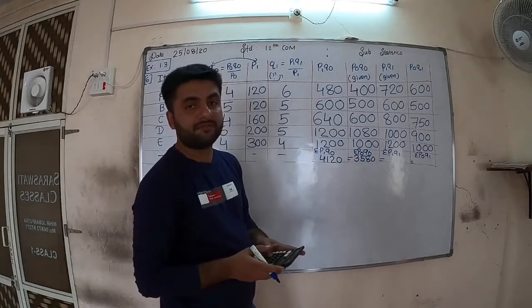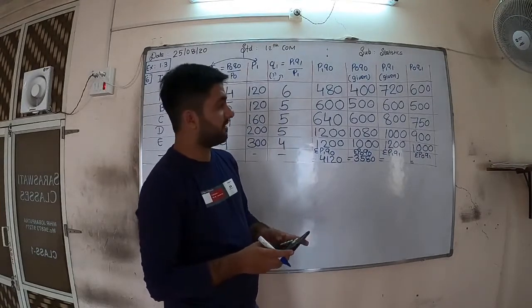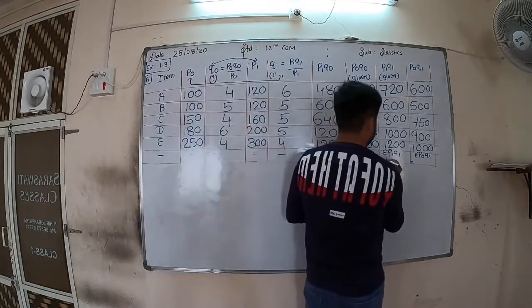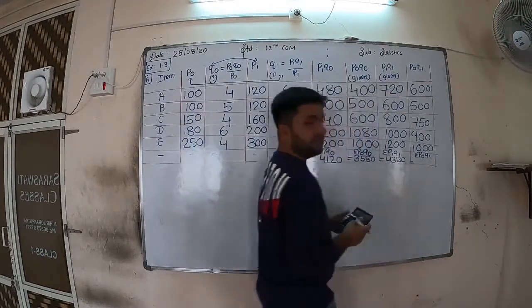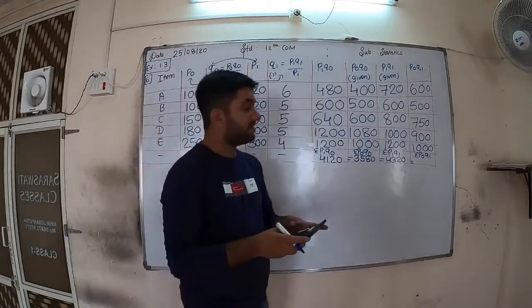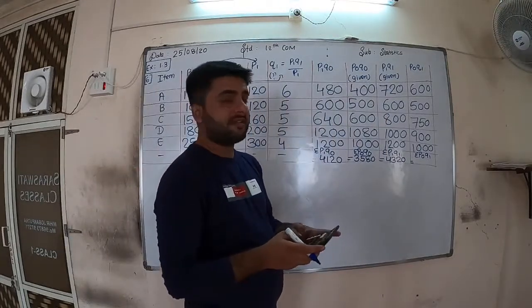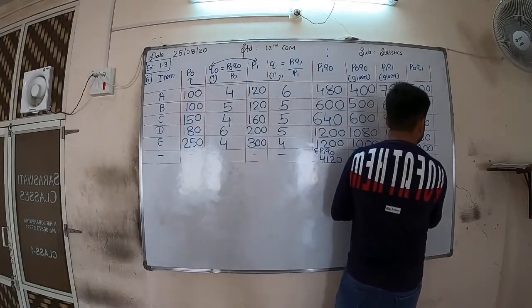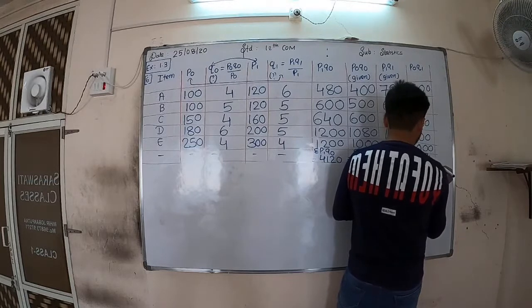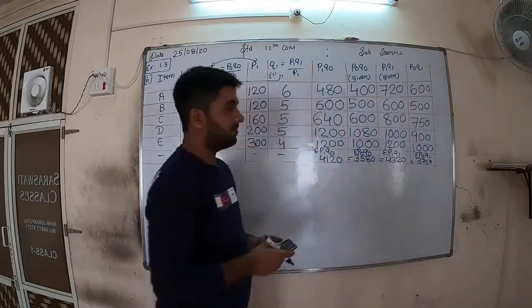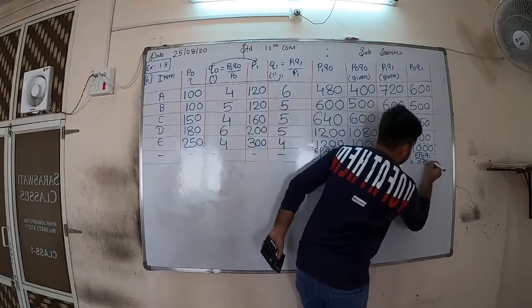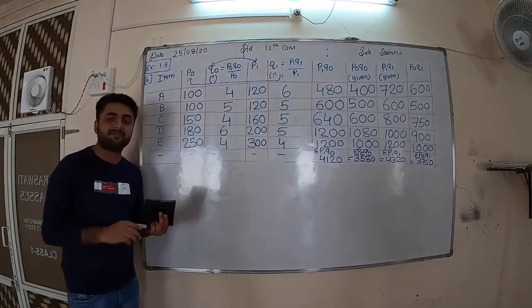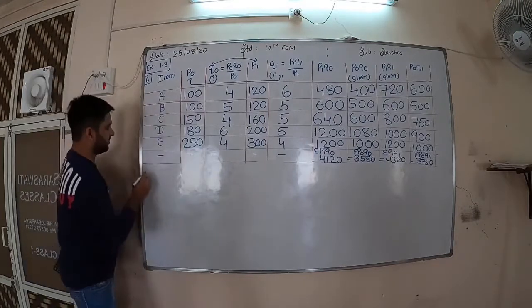Then P1 Q1: 720, 600, 800, 1000, 1200. 4320. Last: 600, 500, 750, 900, 1000. How much? 3750. Now Paasche and Fisher is only asked, but for Fisher we need last year's also.